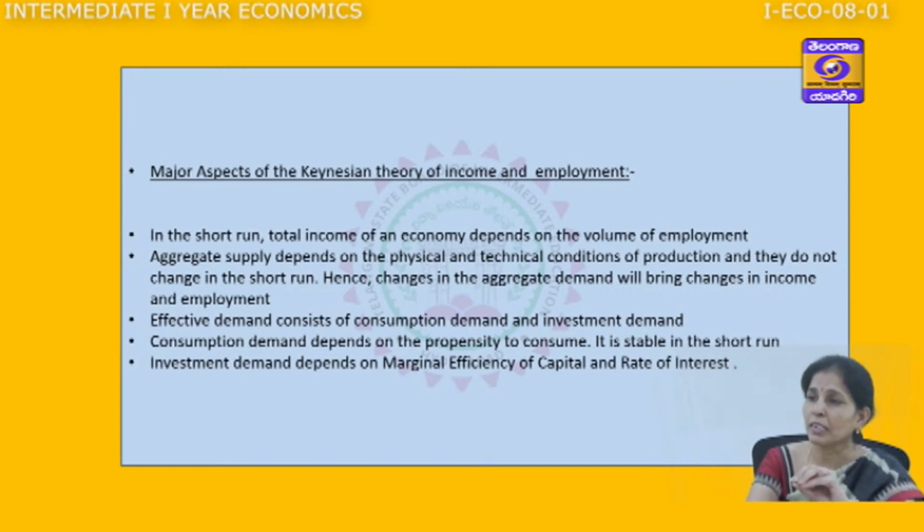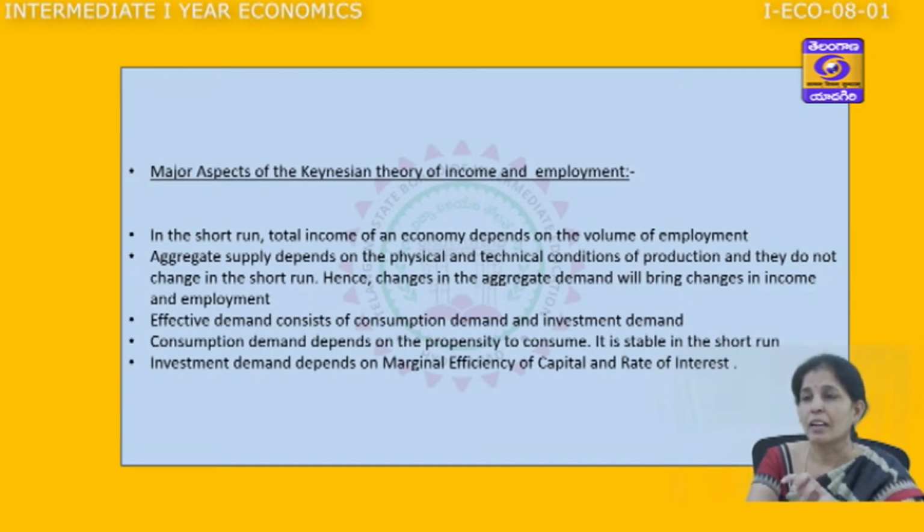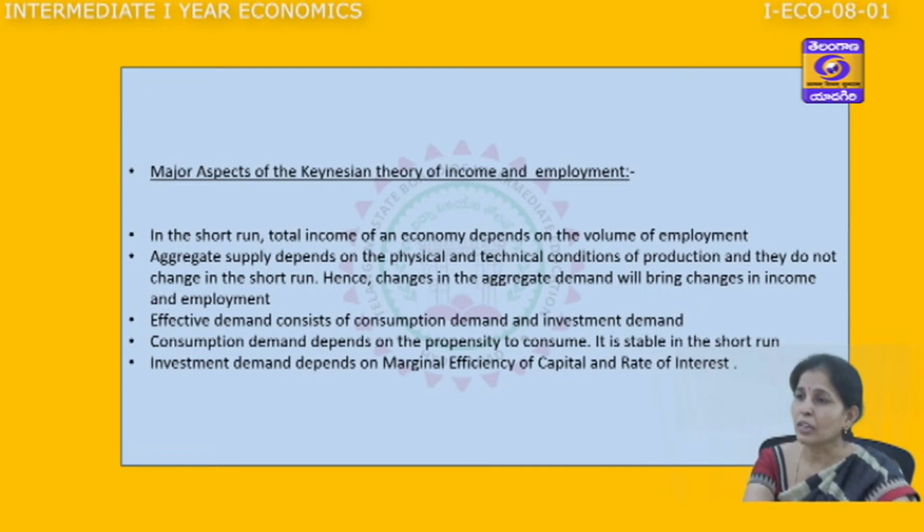Whenever the technology develops, the physical quantity of goods and services also increases. This is not possible in the short run. It only happens in the long run. And changes in aggregate demand will bring changes in income and employment.